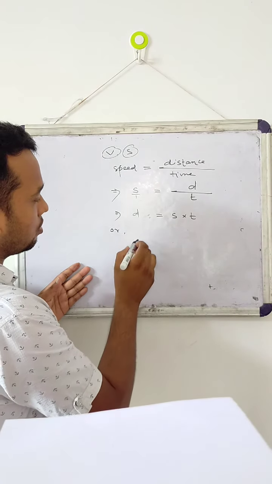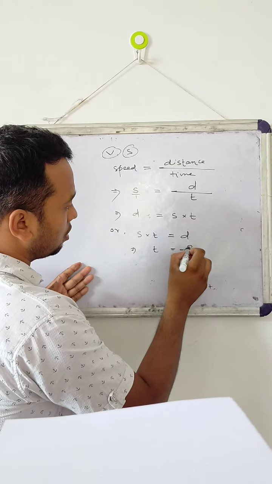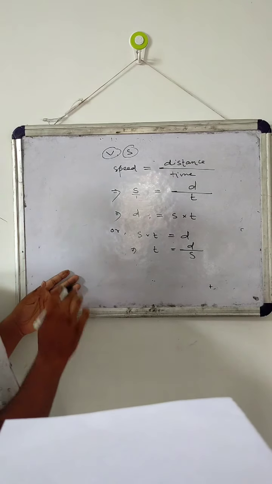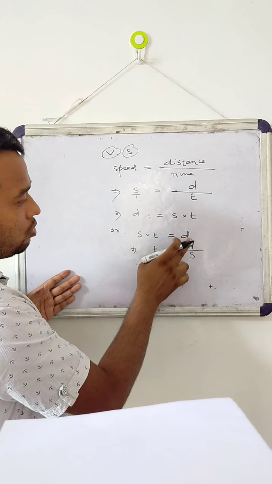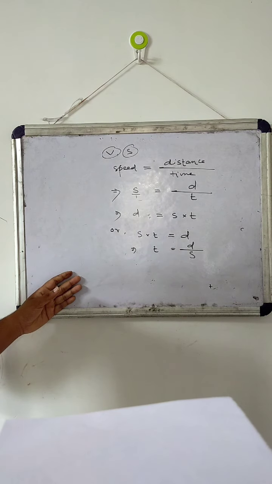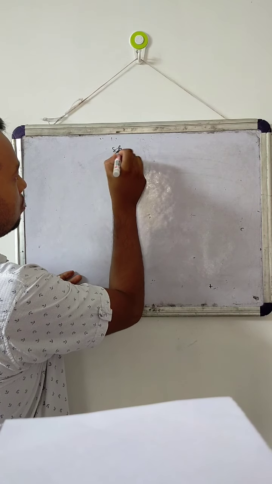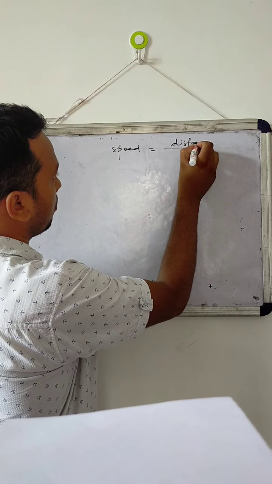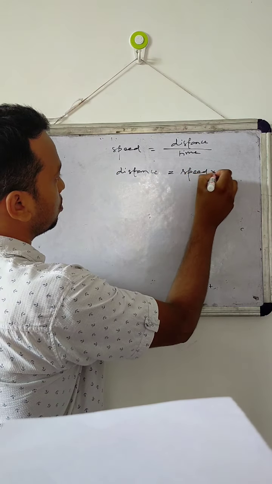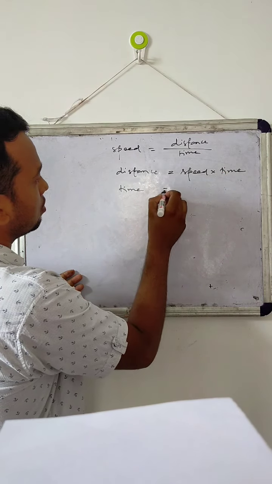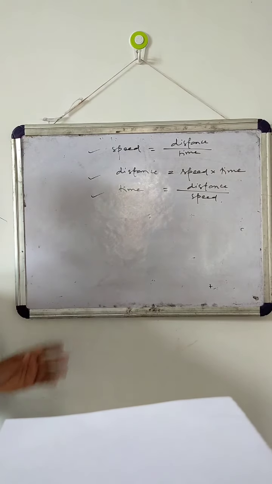Or time is equal to distance by S. From here three formulas we have to remember: speed equals distance by time, or distance equals speed into time, or time equals distance by speed. So these are the three formulas we have to remember.